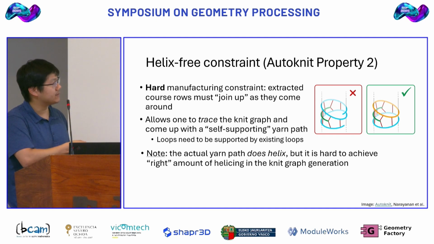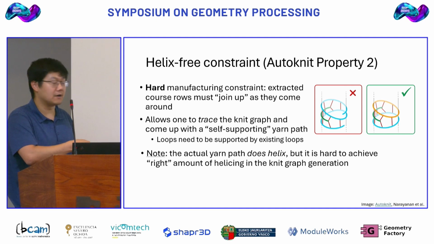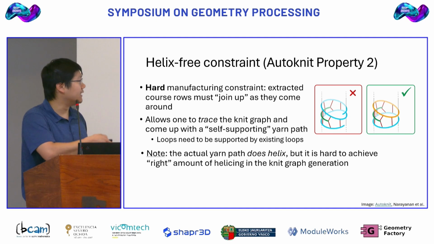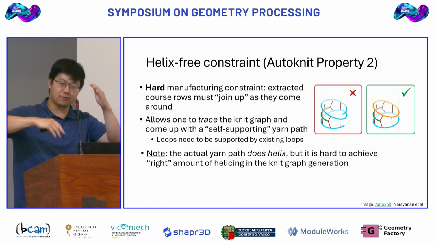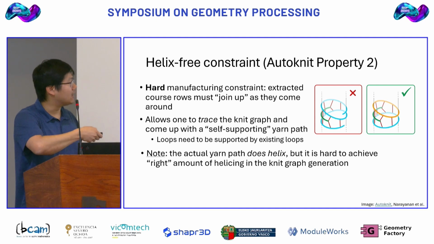First you come up with something helix-free, and then there are detailed rules so that when you come back around to a certain point, you will hop up to the next row. Really, I just wanted to highlight that this is a trick, because it's challenging to achieve, quote, the right amount of helicing when you generate this knit graph. And we'll see that some of our works offer a way to do this potentially.